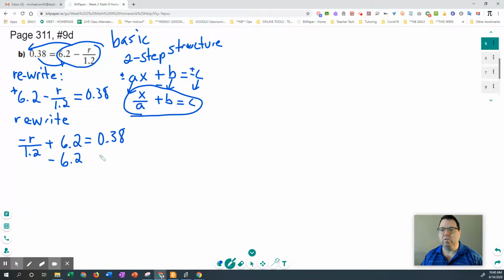So we're going to subtract 6.2 from both sides. Now, that 6.2 pairs itself out. And what do we have left on the left side? Well, we have negative r over 1.2.